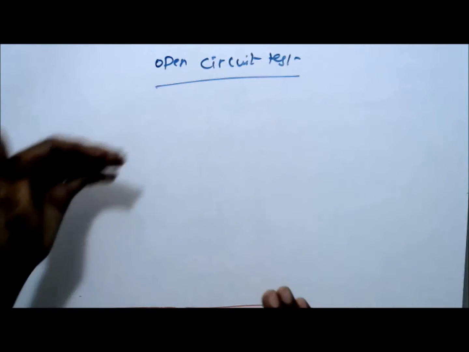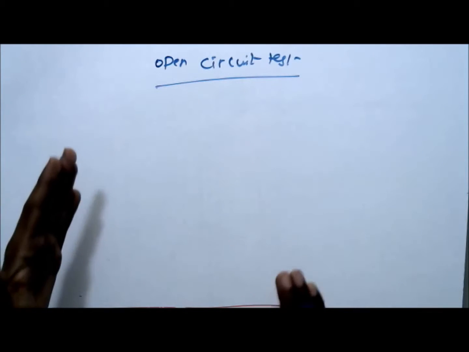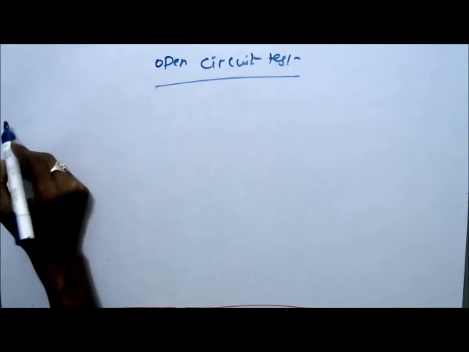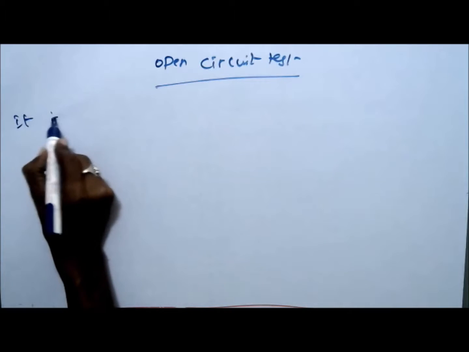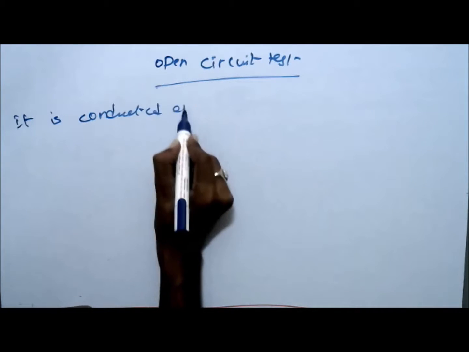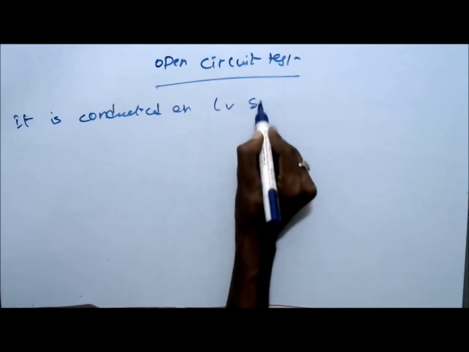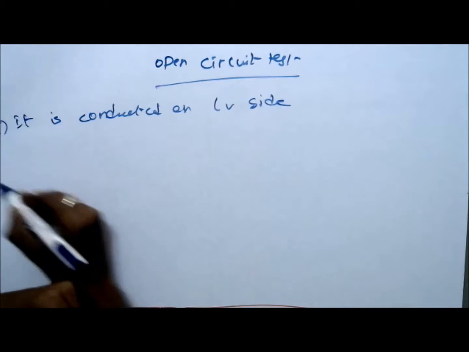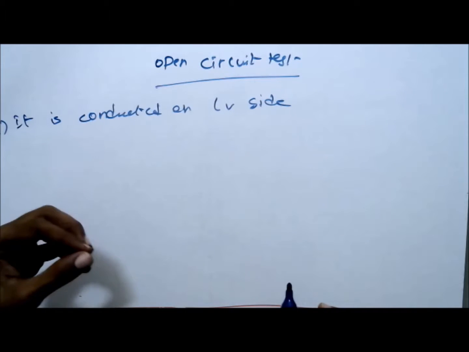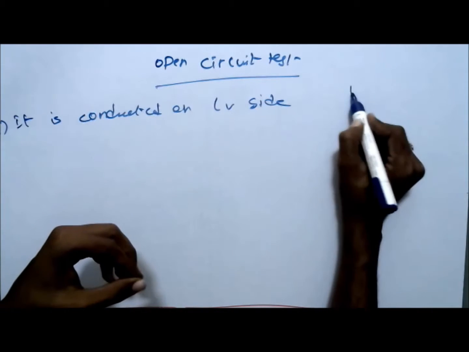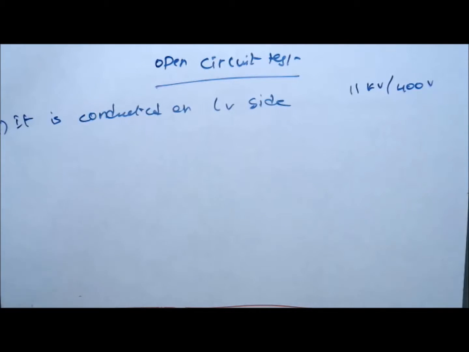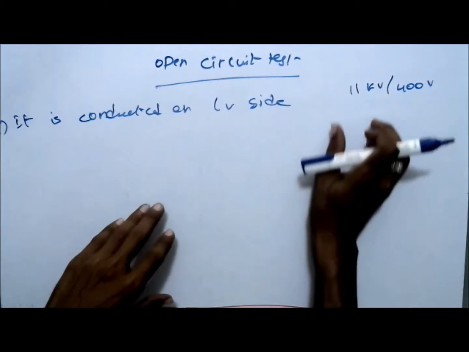So open circuit test is conducted on the LV side. See here, consider an example: an 11 kV by 400 volts transformer.